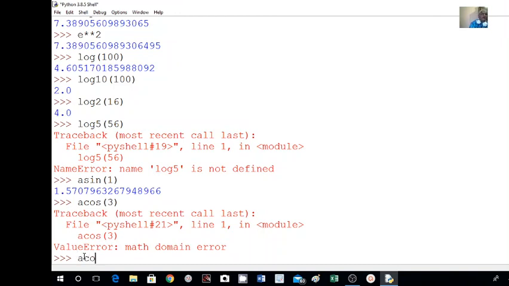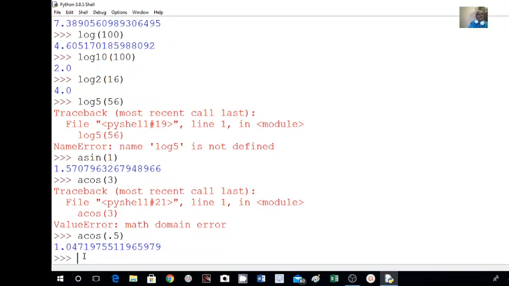So if I give acos of 0.5, I am getting the answer. Here sine and cos lie between -1 and +1. If we give more than +1 or less than -1, we get a domain error.